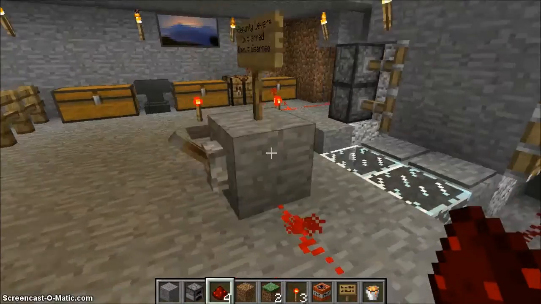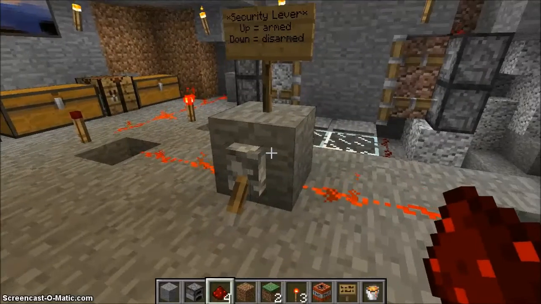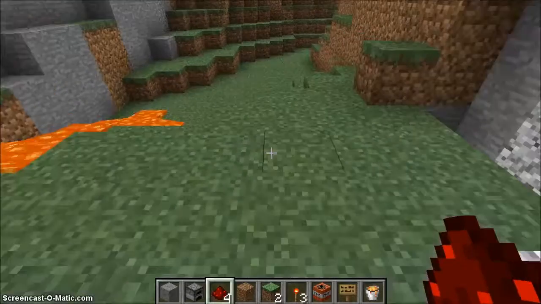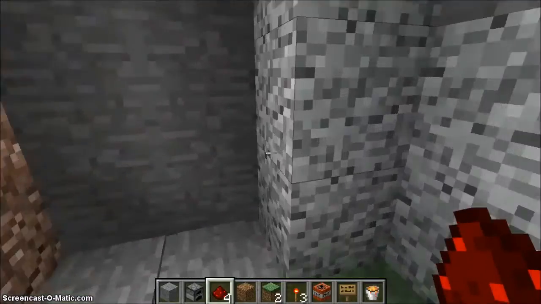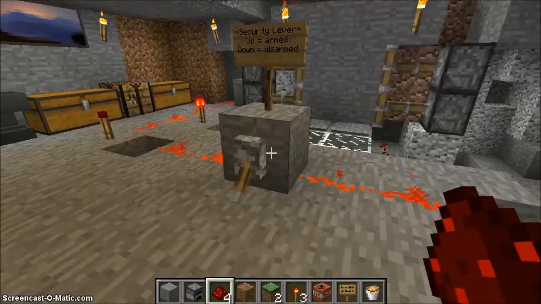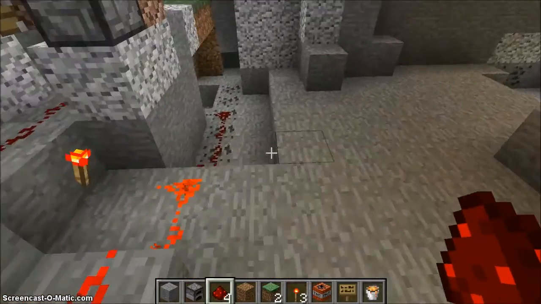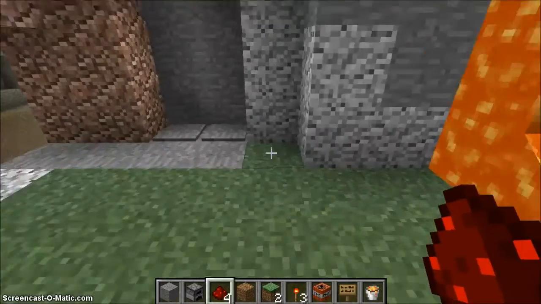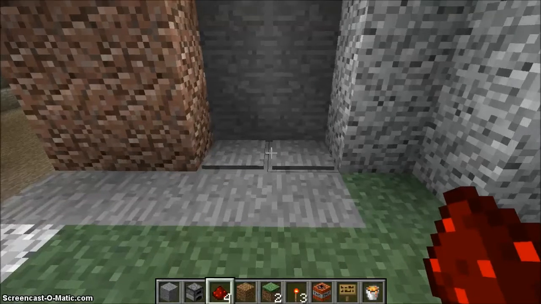So again, one more demonstration with the system disarmed, the lever down. I can go out from inside as normal. I can go back in, no problems. But if I then choose to arm it, and I'll show you this from outside, just fly up through here, and now I'm going to step on these plates and the TNT will go off.